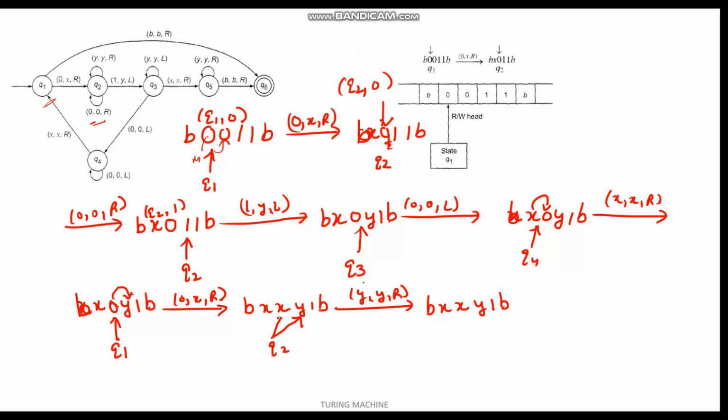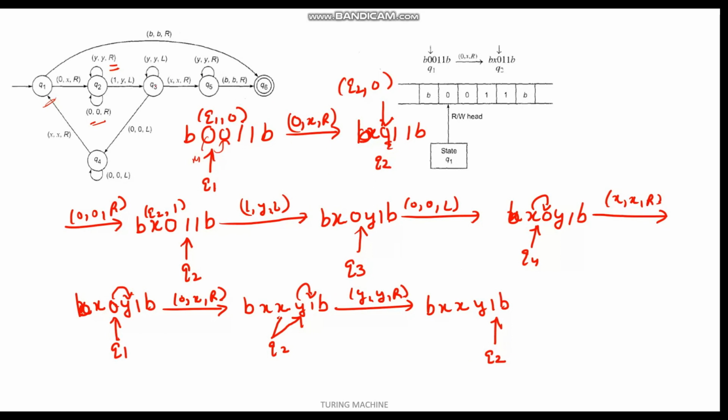And is there any state change for q2 on y? We can see when q2 is given input y, the state remains q2 itself. So no need to change the state, but the head will shift towards right. So initially the head was pointing to y. Now the head will point to 1, and there is no state change, so q2 is pointing to 1.